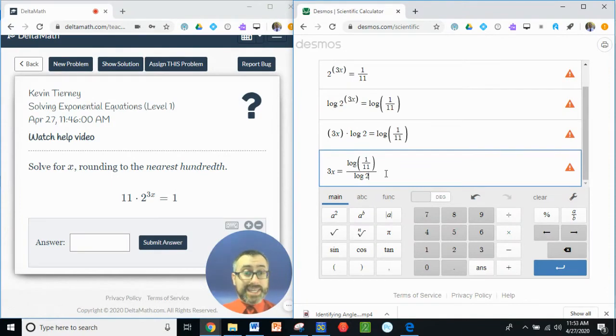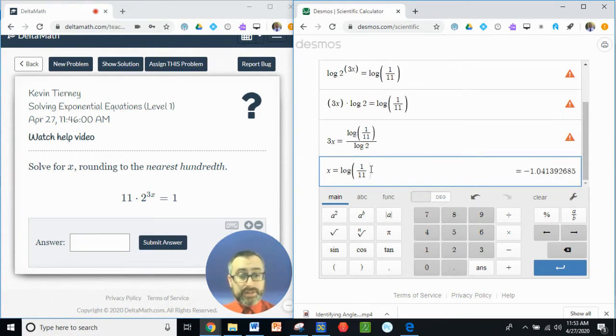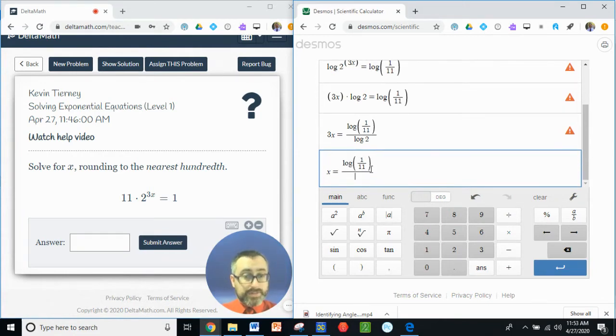Okay, getting even closer to isolating the variable. Now it's just got this coefficient of 3. So again, I can divide both sides by 3, canceling that 3 on the left, leaving with just x, which equals log of 1 over 11, all divided by log of 2.